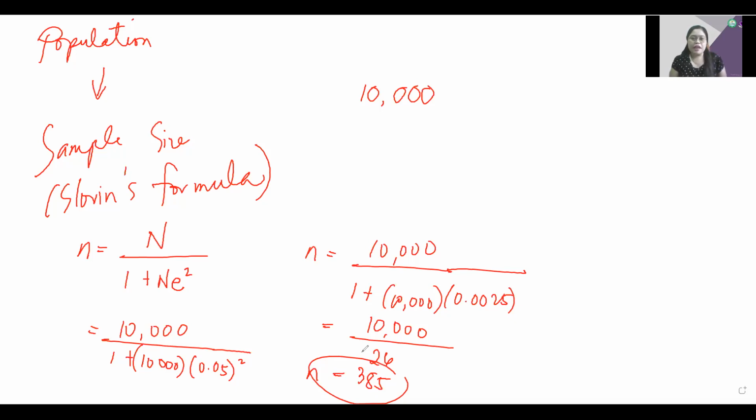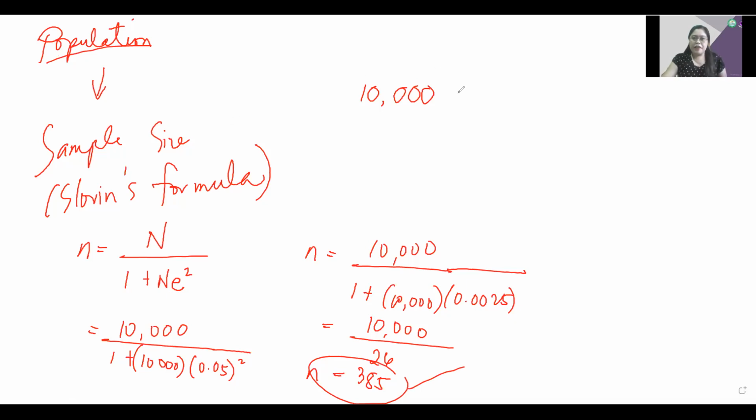So that's convenience sampling. Now, if it is probability sampling, remember we have two general types of sampling, probability and non-probability. Probability is giving a chance to all members of the population to be selected in your study. So this is your population, this is your sample.